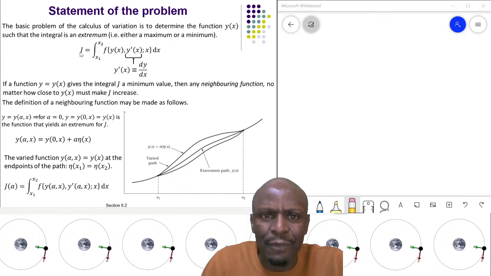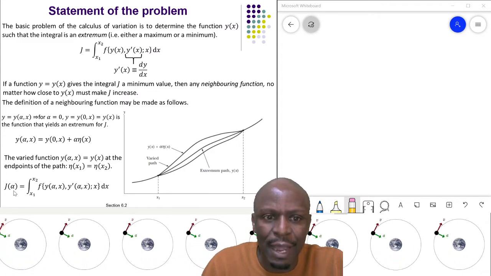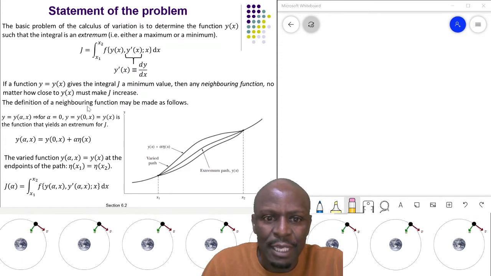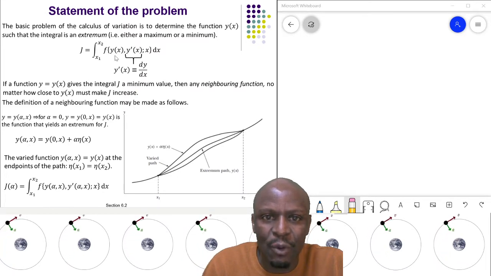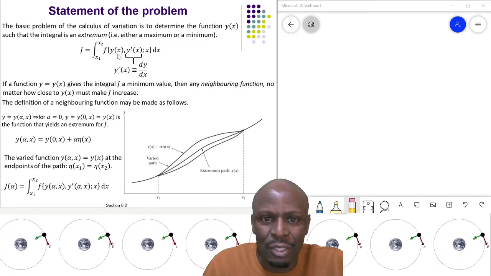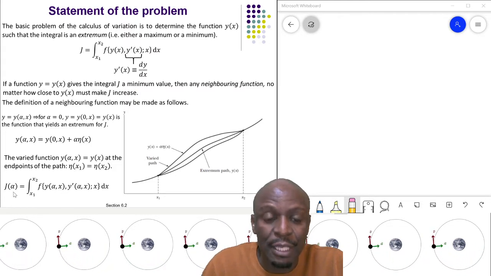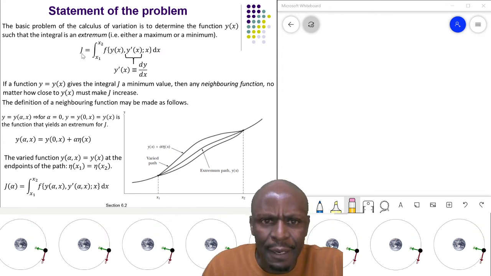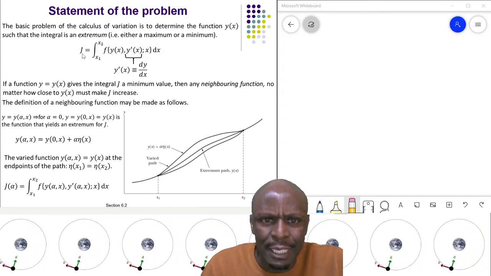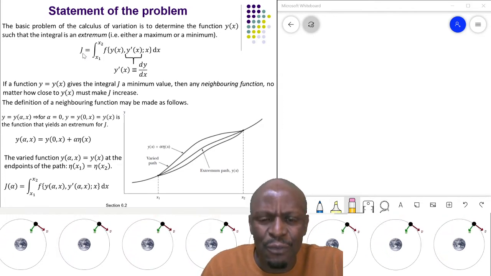But now what will be the functional of alpha? The functional of alpha for the new function will just be catering for y of alpha and x, because that's the new function there. It's no longer a function of x alone, but a function of alpha and x. So that will be the new generalization of this function.